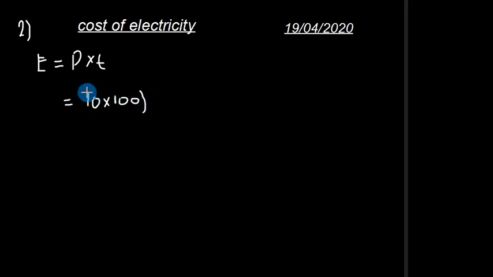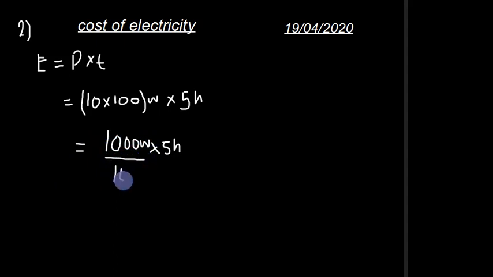So when we multiply here, what we are going to get is the total power in watts, and then we are going to multiply it by time. Now time is already given in hours. It was 5 hours stated already. So this will be 1000 watts multiplied by 5 hours. However, the unit of electricity is kilowatt hour, so we should have our power in watts converted to kilowatts by dividing by 1000.